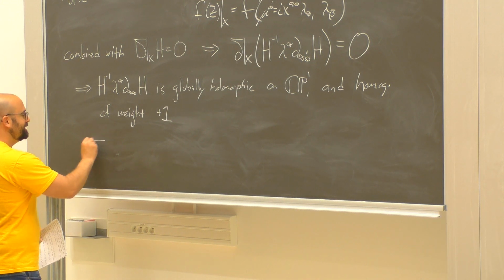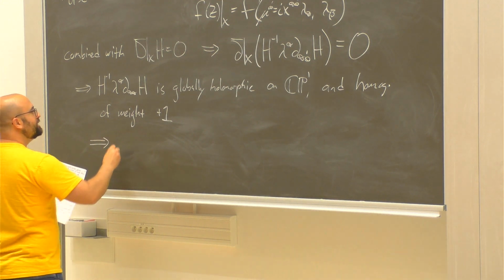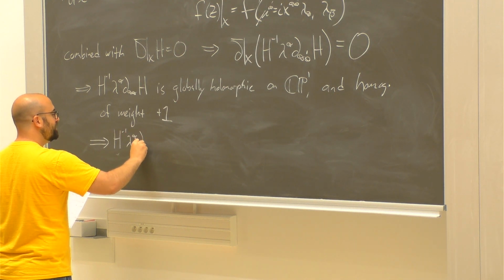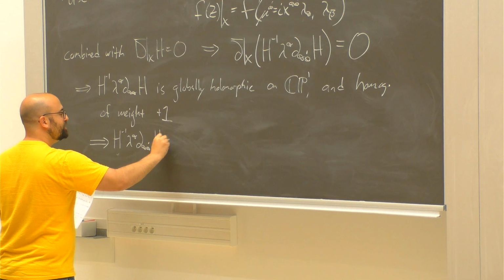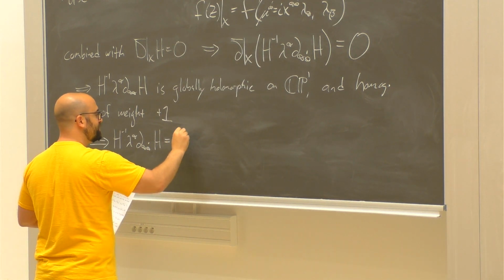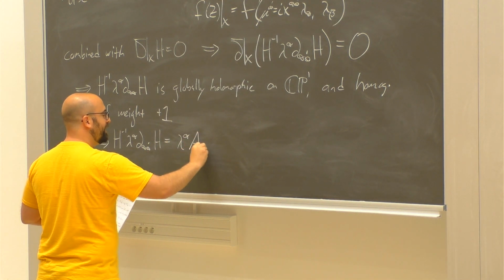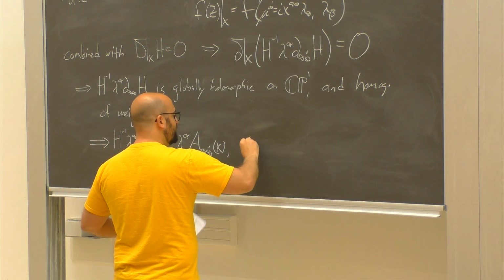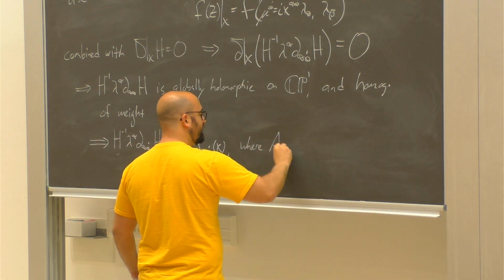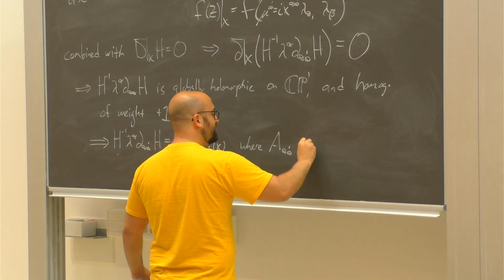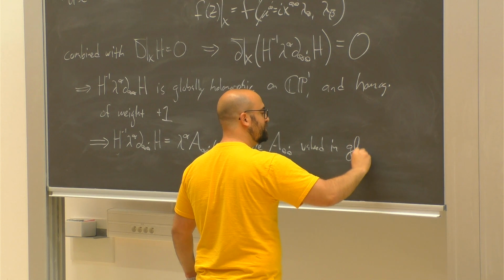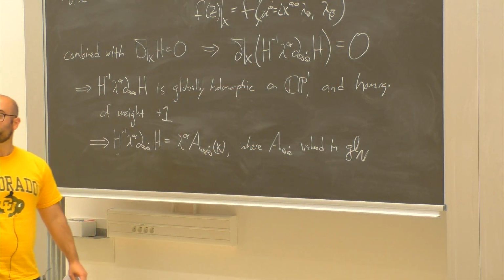So in other words, that's telling us that H inverse lambda alpha d alpha alpha dot H has to be expressible as lambda alpha A alpha alpha dot of X, where A alpha alpha dot is valued in the Lie algebra of GL(N, C).